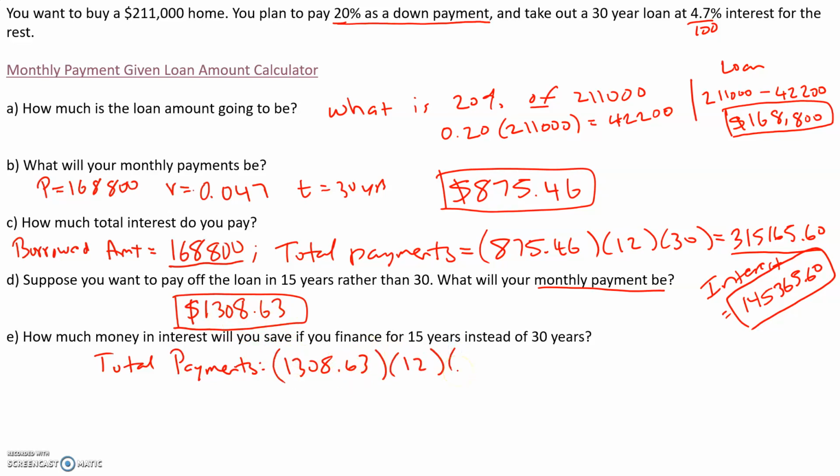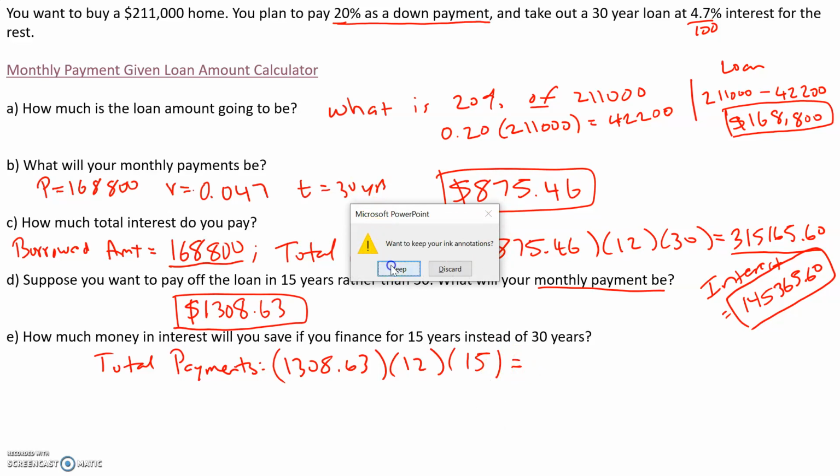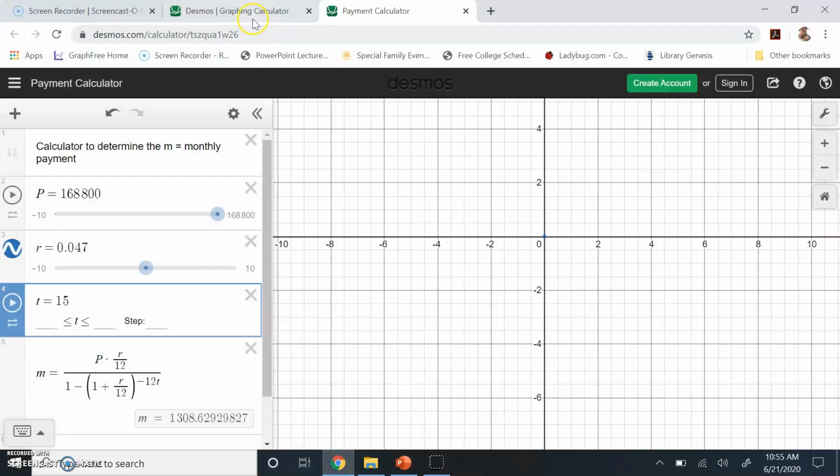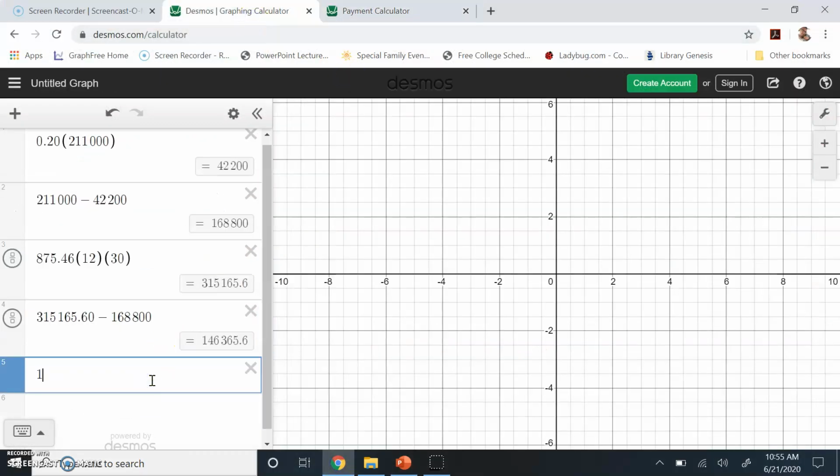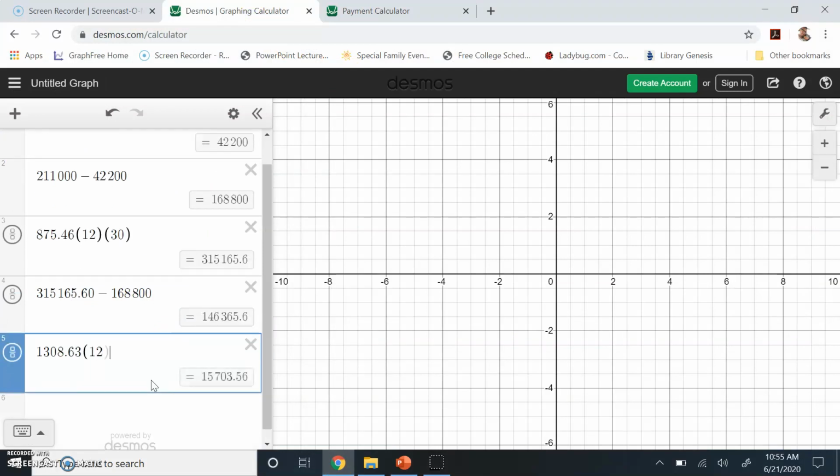And instead of doing this for 30 years, we're doing this for 15 years. That's our monthly payment. We make 12 payments per year, but now we're only doing this for 15 years. So our total payments are 235,553.40.